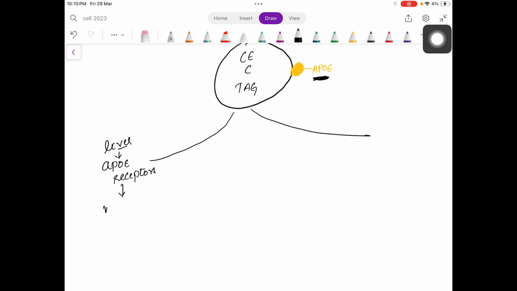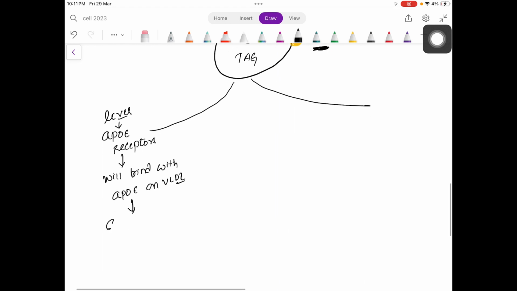These ApoE receptors will bind with ApoE on VLDL and they will cause endocytosis of the remnant VLDL molecule and cause degradation.